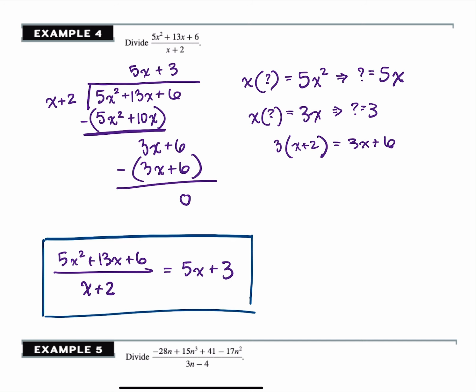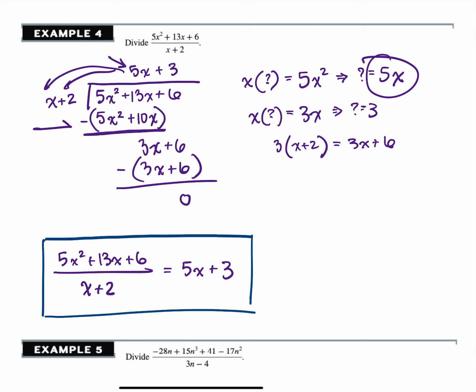So this is long division of polynomials. Again, I start by looking at my first terms. I think about what I should multiply this outside term by in order to get my inside term. Once I find out what that is, you place it up top, then distribute it through.